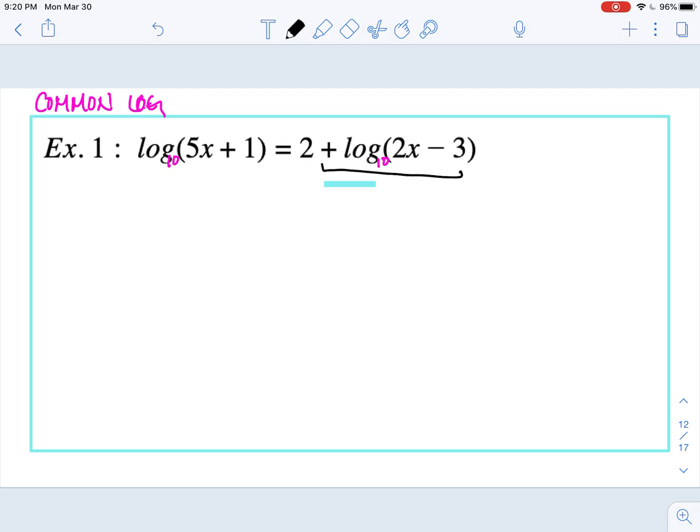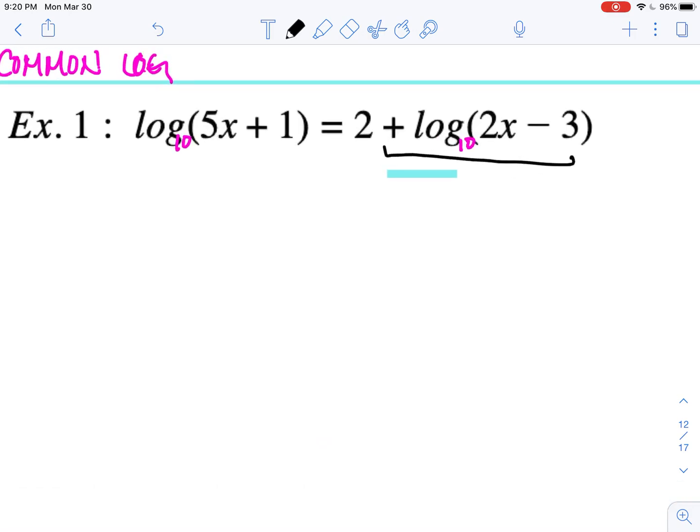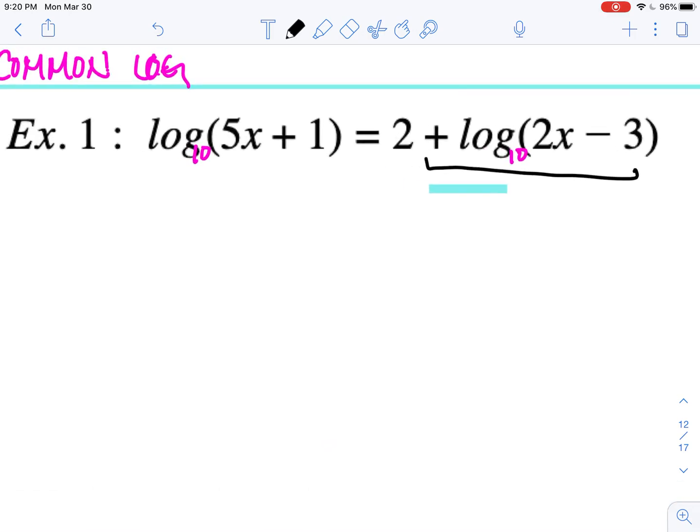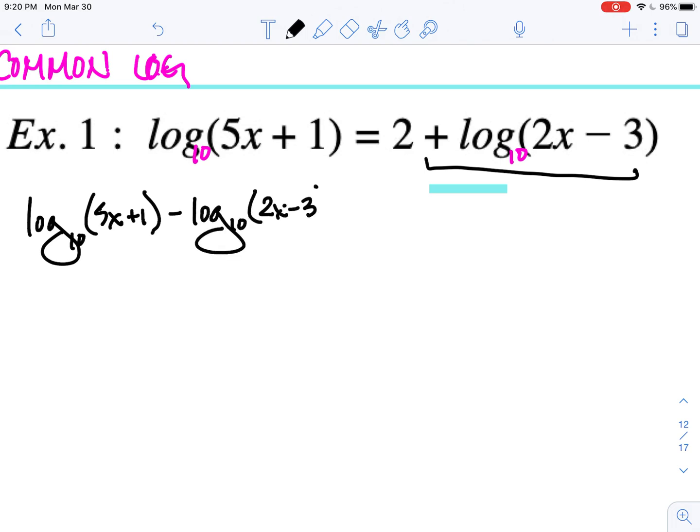So I'm going to go ahead and subtract this to the other side. And that's going to give me log base 10 of 5x plus 1 minus log base 10 of 2x minus 3 equals, the only thing remaining on the right-hand side is 2.